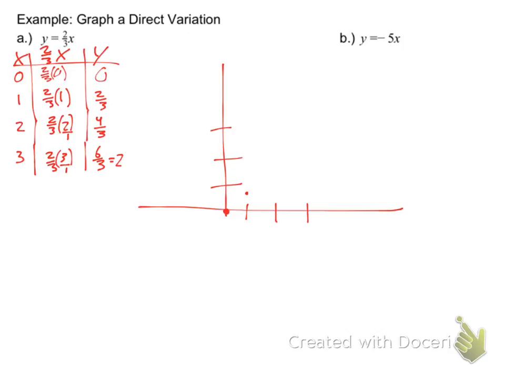Somewhere about there, give or take. 2 and 4/3, a little above 1. And then 3 gave us 2. It's not so bad. I can make a table, put the values on a graph and draw a line. It looks pretty good, right?